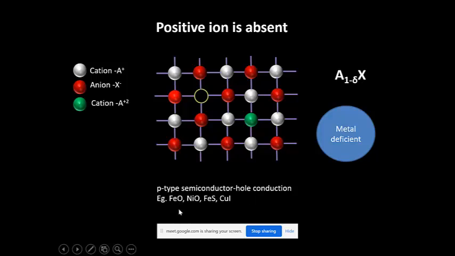But instead of Fe plus 3, there can be an impurity like chromium plus 3, which can take care of that charge. So actually just one plus one charge was needed to maintain the electrical neutrality of the lattice. So please remember this kind of deficiency may also be there, so that in a multiple choice question you don't get confused that this has not been discussed.